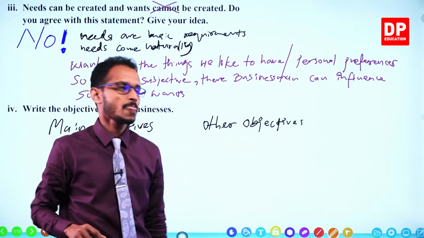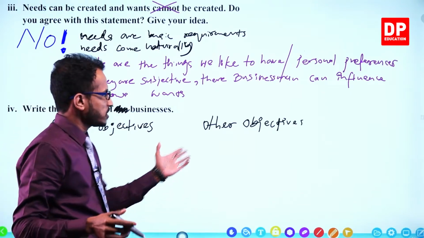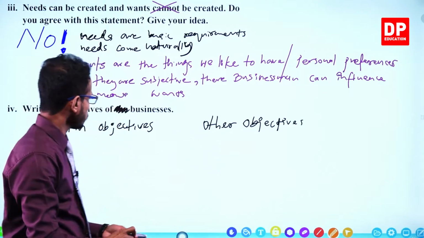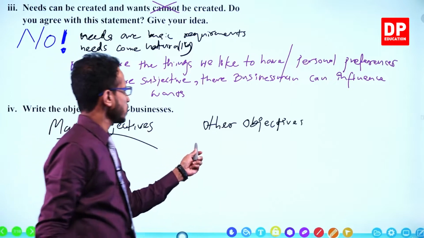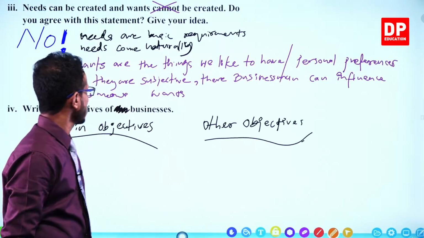Write a list. What are the main objectives? What are the sub objectives? What are the main objectives, children? And what are the sub objectives?